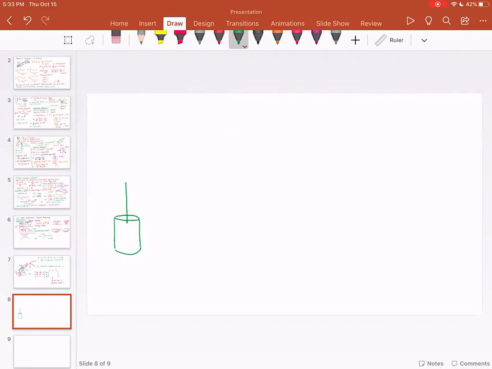So let me start the first kinematic diagram. And say this is angle theta. This is a revolute joint. This is a revolute joint.